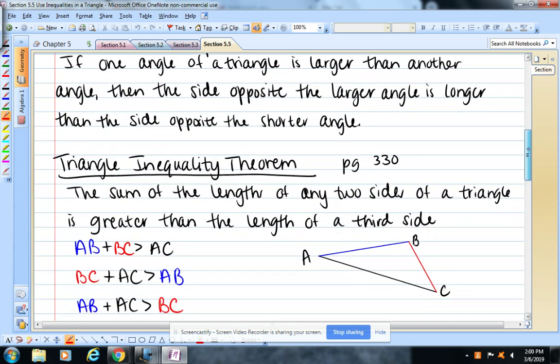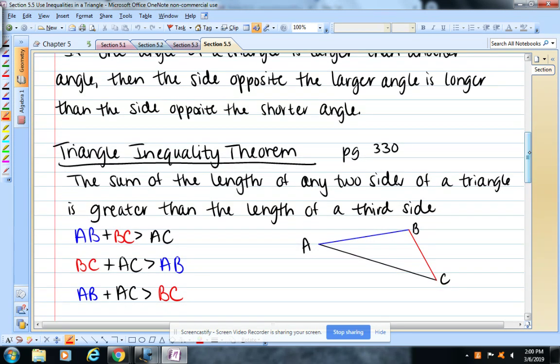Okay, now this one you do need to write down. This one is different. Those two theorems basically said what I told you. The largest angle is across from the longest side, the shortest angle is across from the shortest side. And of course, the medium-sized angle is across from the medium-sized side, the one in the middle of the two.